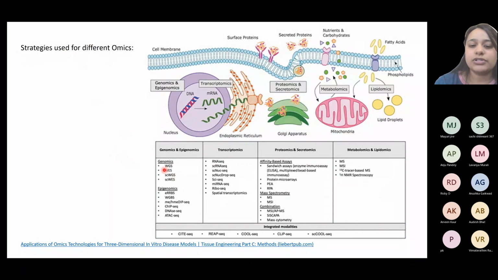For example, whole genome sequencing and whole exome sequencing for genomics. Then for epigenomics, maybe ATAC-seq, which is one of the latest ones. Then for transcriptomics, RNA sequencing, right? For metabolomics and lipidomics, mass spectrometry and NMR spectroscopy. So these are the kinds of approaches that are used to study these particular omics.